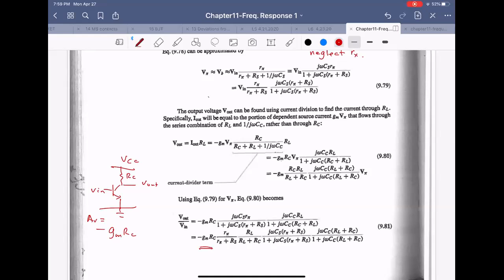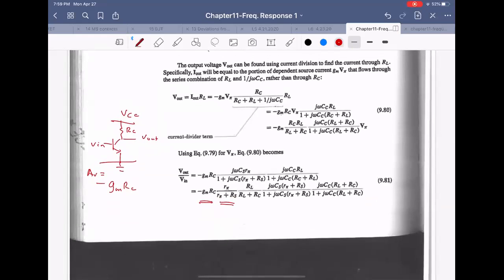This one, R pi over R pi plus RS, is if we have RS there, let me draw that.